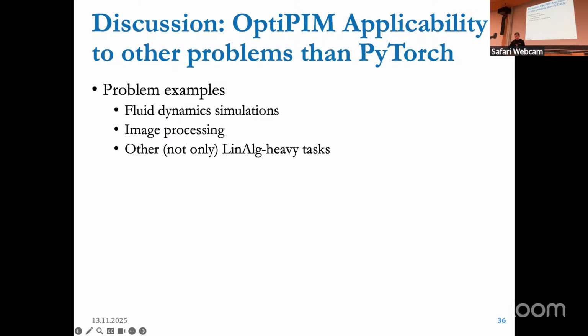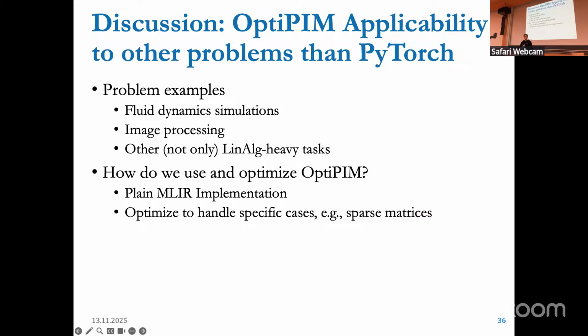So yeah, there are a few examples where this could be very useful, especially tasks that are very linear algebra heavy, which are very heavy in terms of data movement and computation on a lot of data, everything that processing in memory is good with. Yeah, and then we could try to get another MLIR implementation or dialect, which is easier to lower into than the PyTorch linear MLIR dialect.